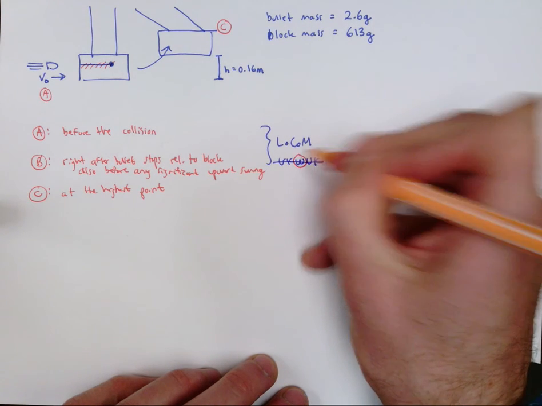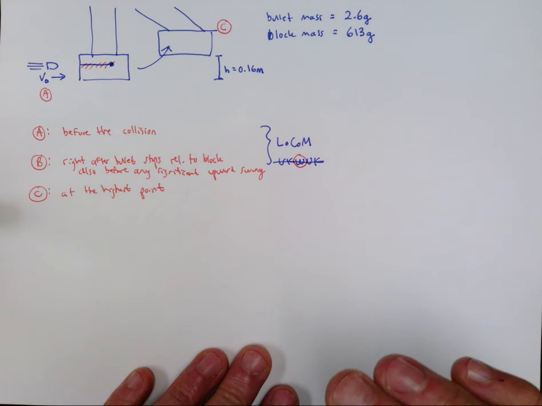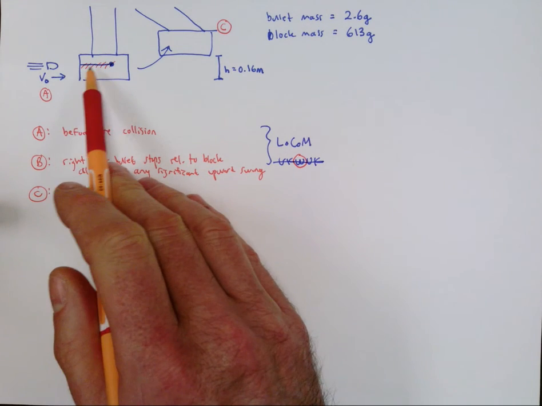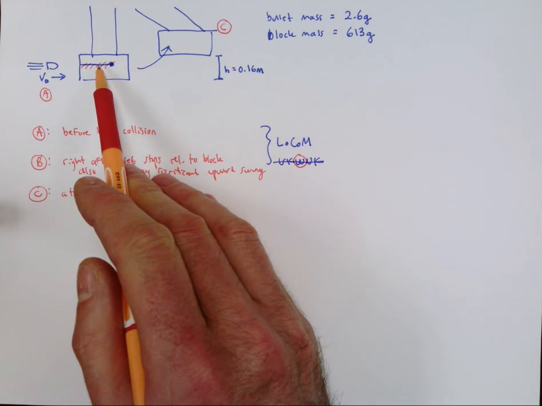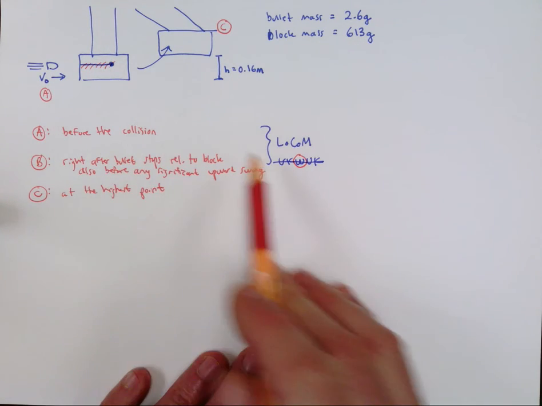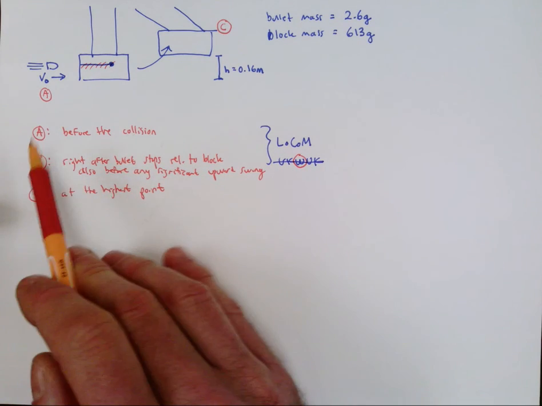And so we don't have any idea what to put in for that W into the UCWC equation. It's a complete and utter unknown. And that's what makes it very, very difficult to use UCWC. A lot of energy transfers into heat in this process, and we just don't know how much that is. So don't use UCWC between point A and point B.